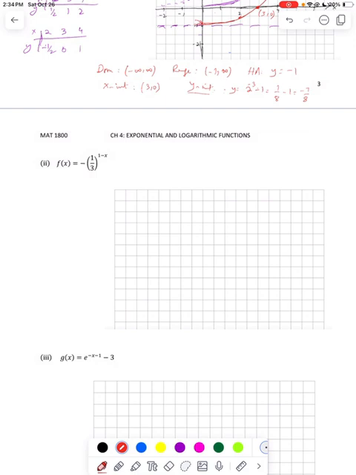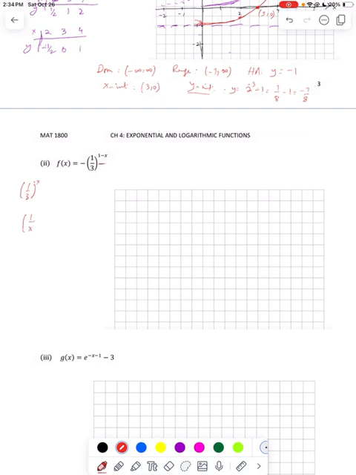For example, here you can take your base function. Base function will be 1 over 3 to the x. And then because you have a negative x up there, you should go with the second one, which will be the negative x.